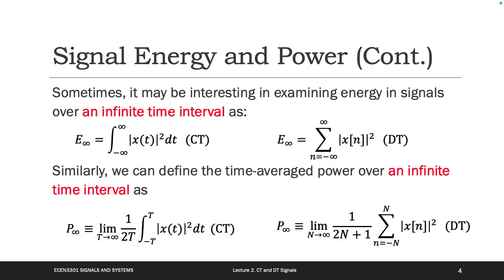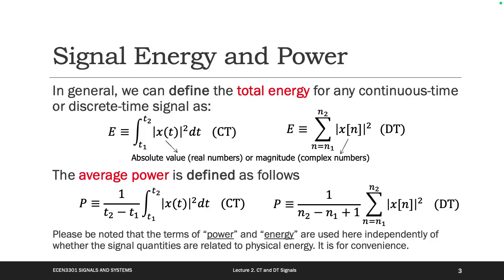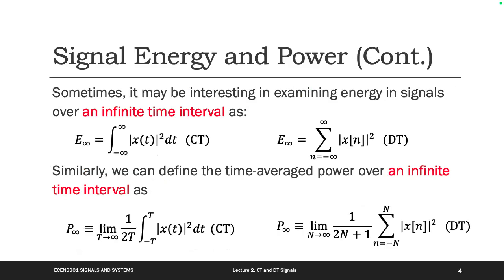This one is for signals that have a limited time duration. And this is for unlimited time duration, like from negative infinity to positive infinity. This is the definition for the total energy for an infinite-time, continuous CT signal. And this is for DT signals.